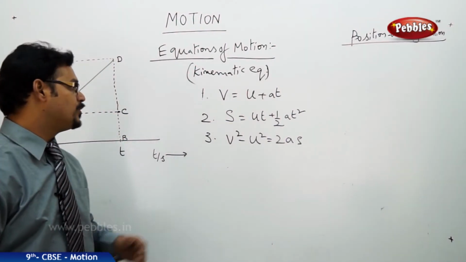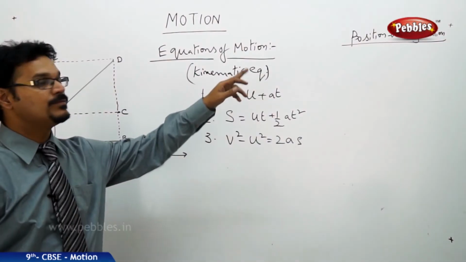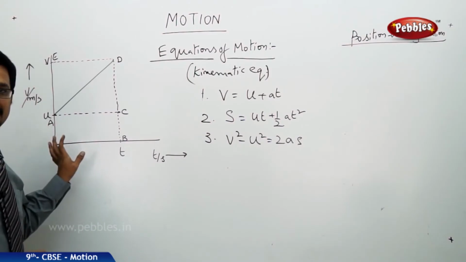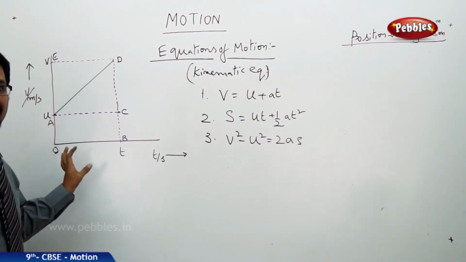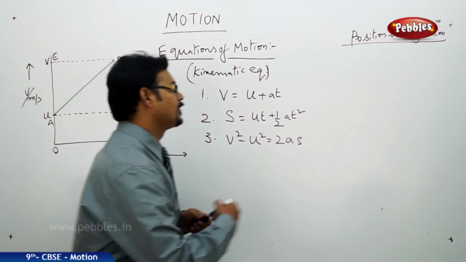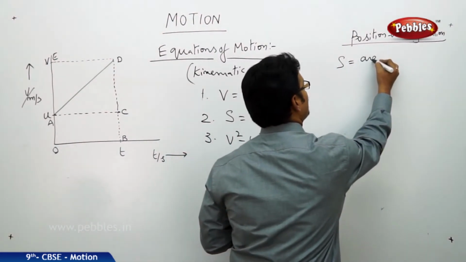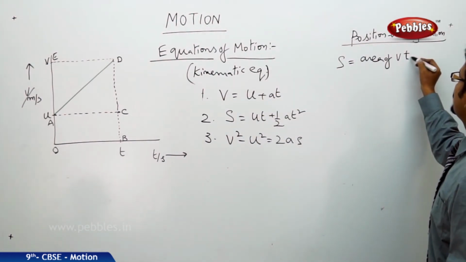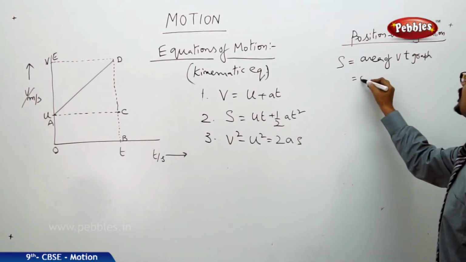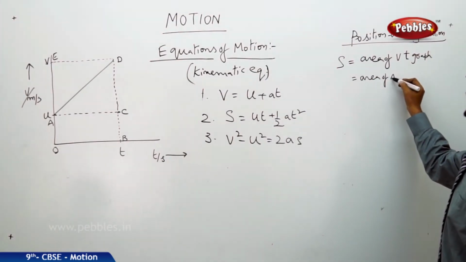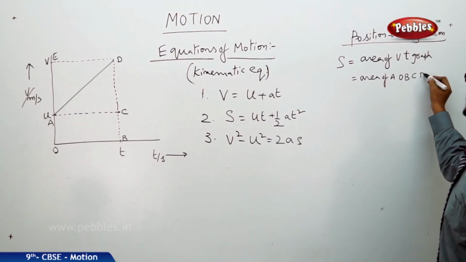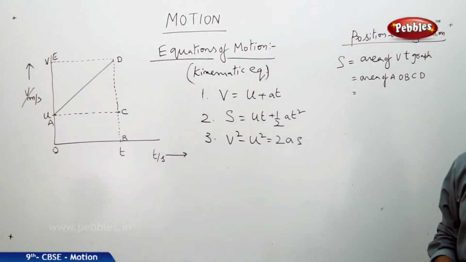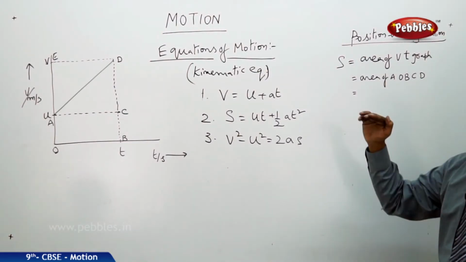Now we are going to derive the third equation, which is also called the position-velocity relation. Now see the graph again. Again we depend upon the distance from this graph, which is the area of the VT graph. So S equals the area of the VT graph, which is the area of A, O, B, C, D. This time I am not taking the shape as a sum of rectangle and triangle.